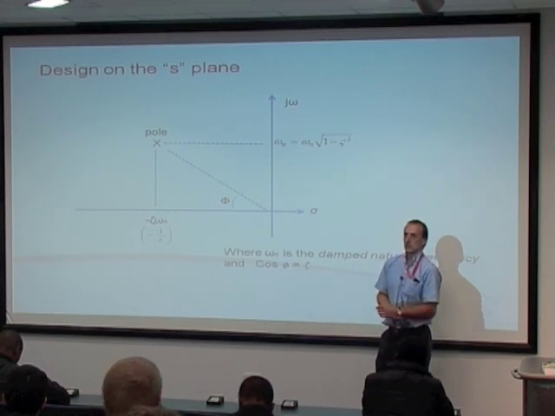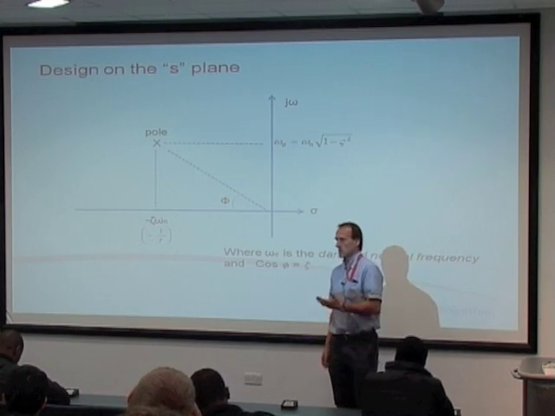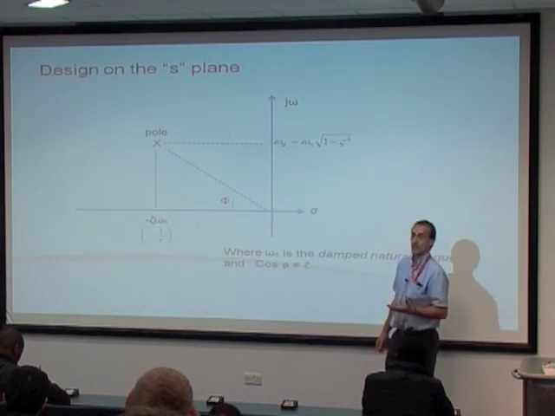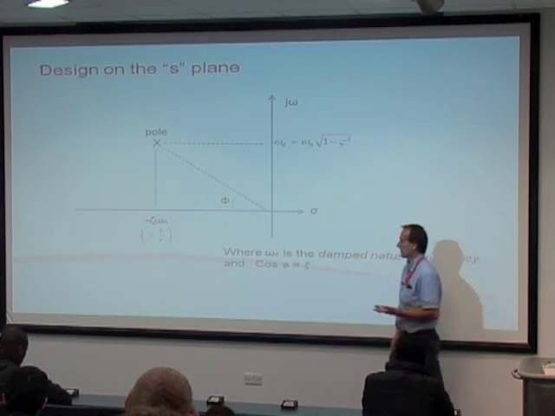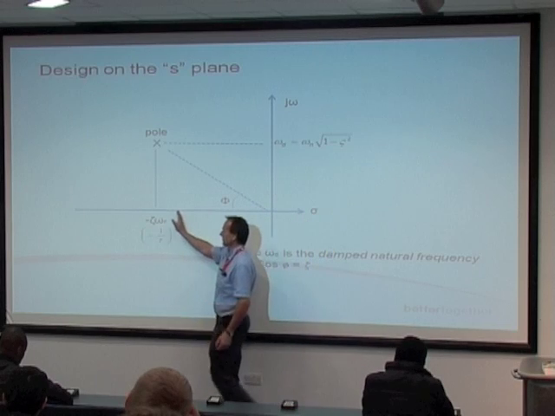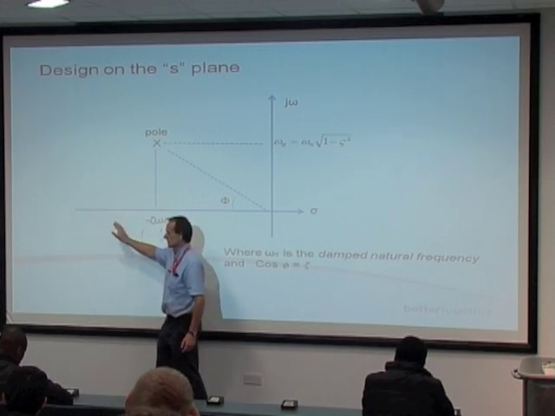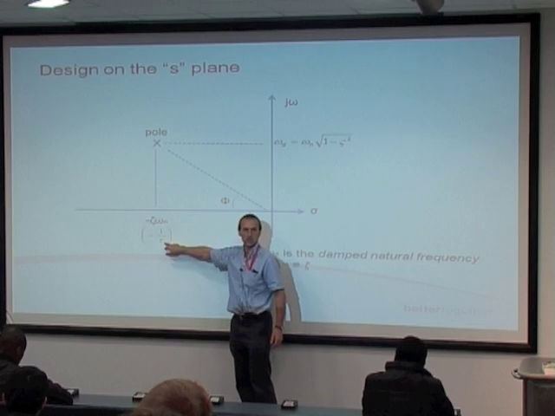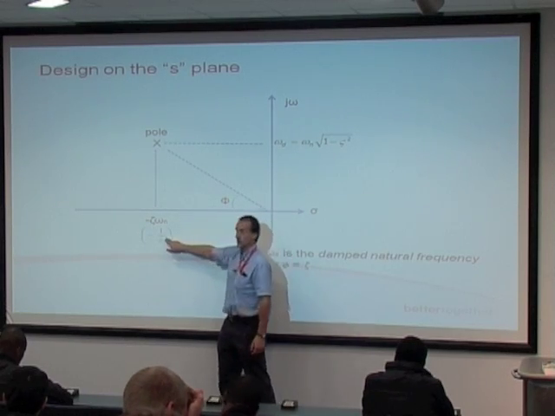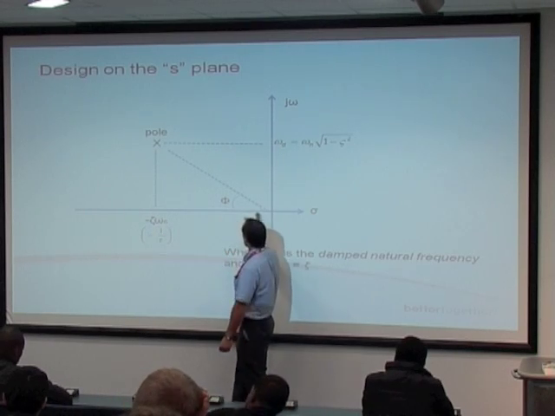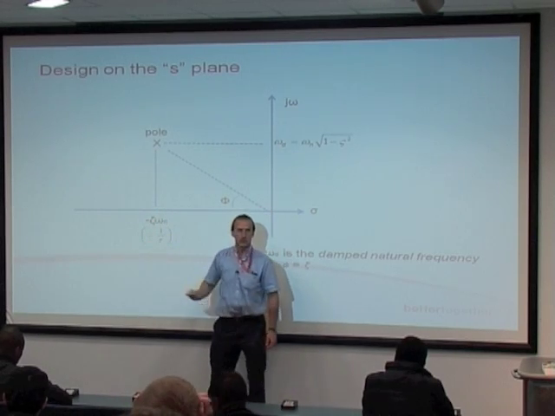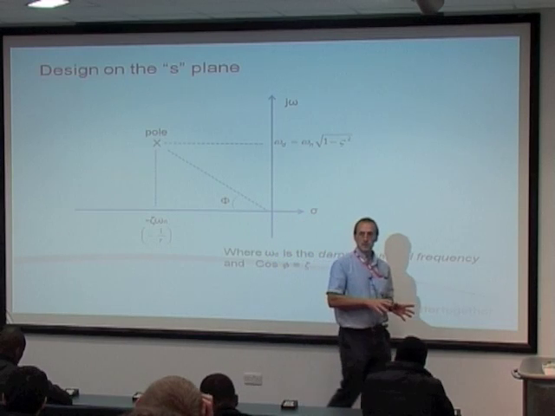So if I'm given a specification in terms of settling time, it's very easy to relate it to somewhere on this real axis, because this real axis is all about settling time. It's all about tau, beg your pardon. So I can relate this real value just as easily to settling time.